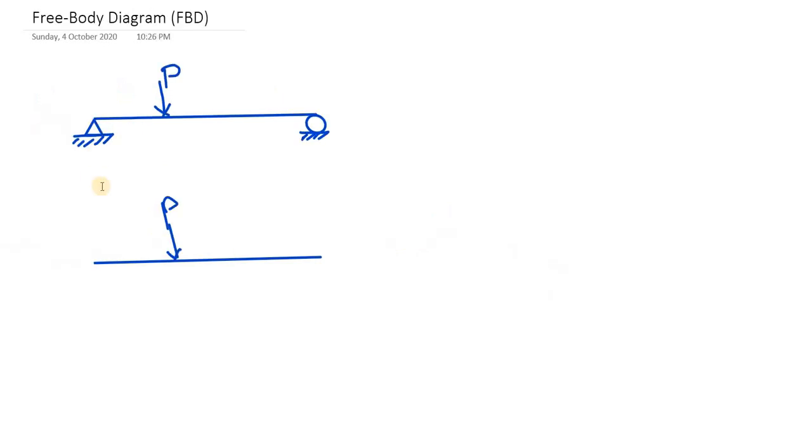So you would draw these, acting on this beam by the supports. So this is the complete free body diagram of the entire beam, and all these forces acting on the beam are external forces to the beam.